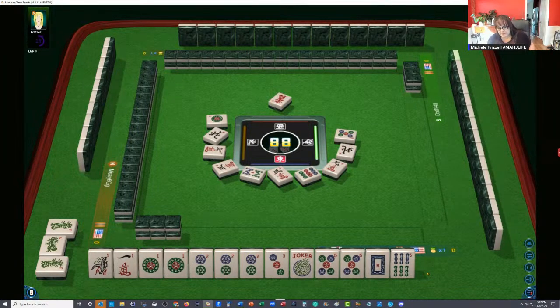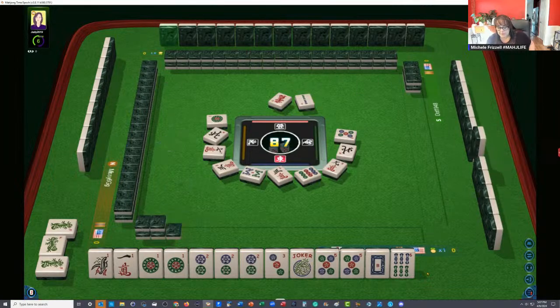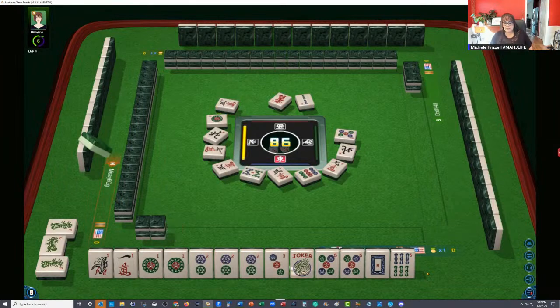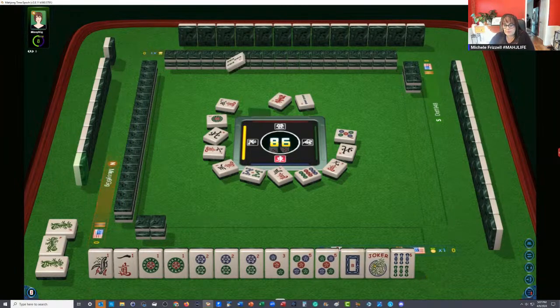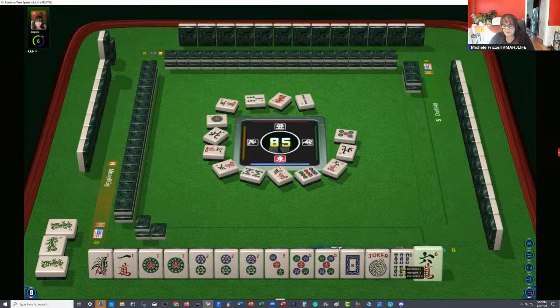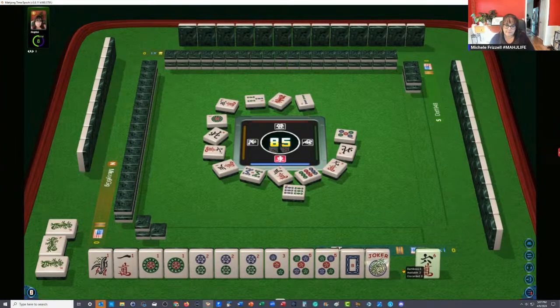1, 3, 5 dragon. If we can get bamboos. If we can get flowers, maybe we could play the dragon little odd hand. 5 characters. 3rd hand down on the left under odds. 3 bamboos. 6 bamboos. 1, 2, 3.